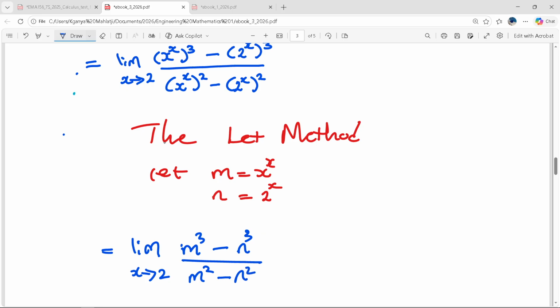Now we are substituting from this information here. We are using the let method.